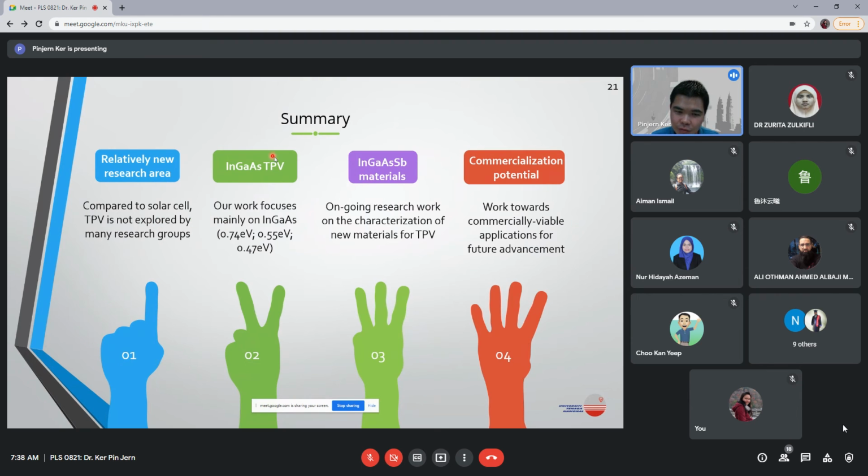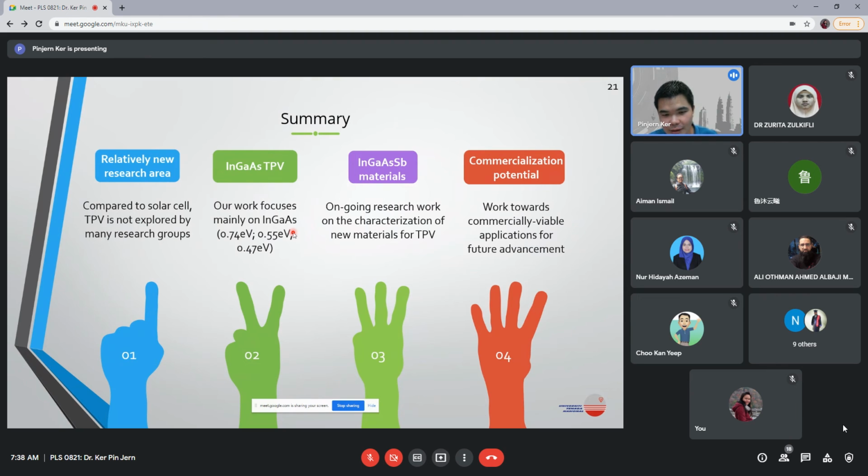Currently, our work is focusing on these three types of indium gallium arsenide. We can see the potential because the higher, longer cutoff you go, you get many more photons, but at the expense of lower open circuit voltage. So that is something you want to take note of: how we can maintain that open circuit voltage.